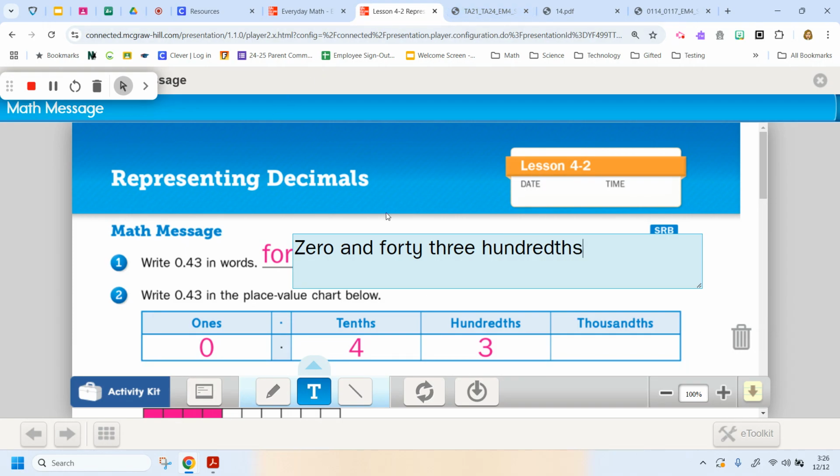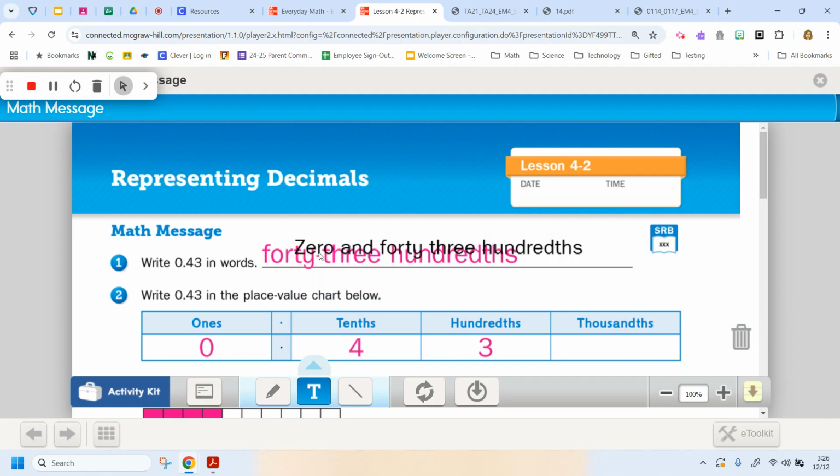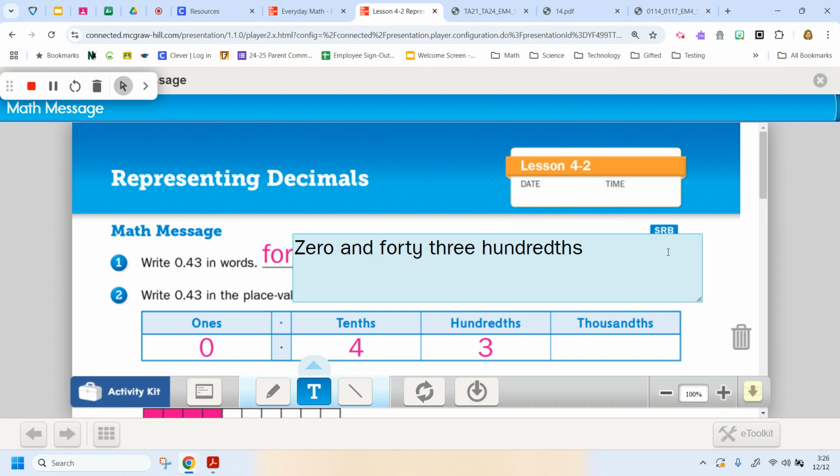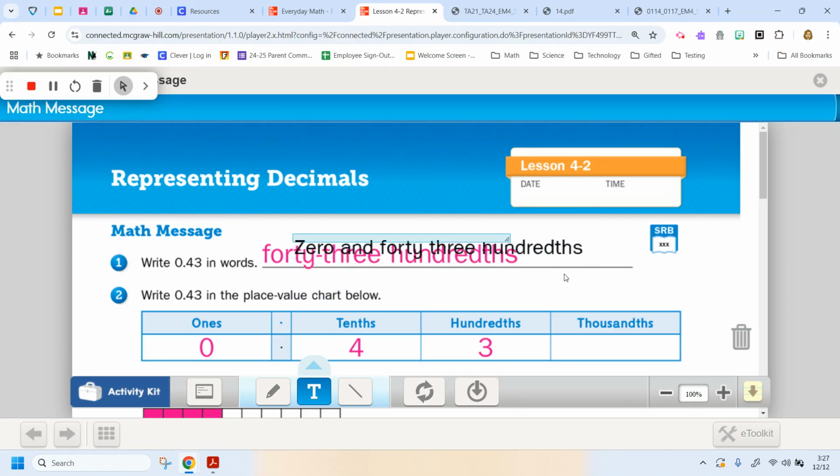So either one of those answers would be correct. Let's see. If you wrote it as 0 and 43/100ths, or if you just wrote it as 43/100ths. Of course, it's overlapping. Let's see, can I move it up? There we go.